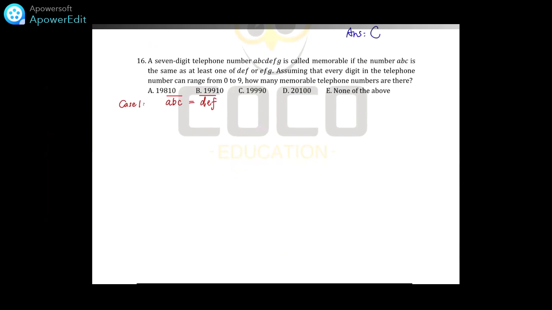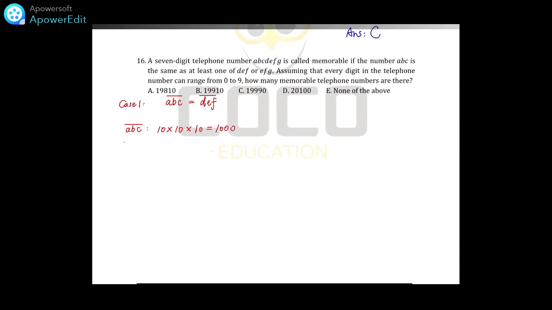Now, if ABC equals DEF, we can find the number of ways here. Each digit can be a number from 0 to 9. For ABC, A is a number from 0 to 9, 10 ways. B is 10 ways. C is 10 ways. Altogether, we have 1000 numbers.